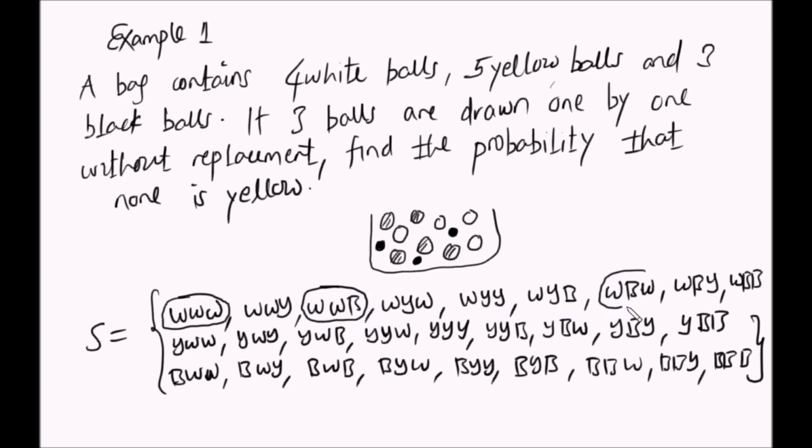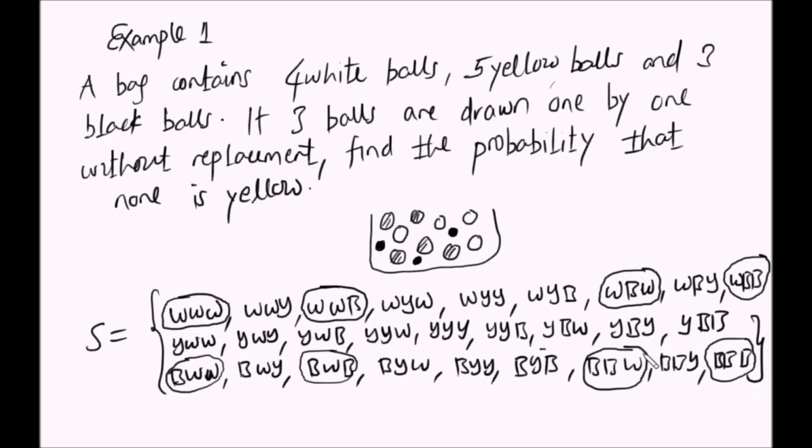White, black, white, none is yellow. White, black, black, it means none is yellow. Black, white, white, it means none is yellow. Black, white, black, it also means none is yellow. And then we have black, black, white, none is yellow. And finally black, black, black, none is yellow.